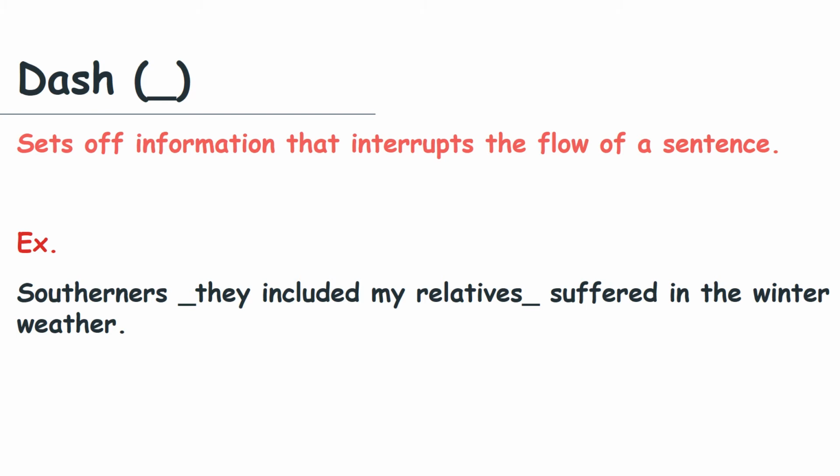As you can see, "they included my relatives" is an extra. I can get rid of this. I can say Southerners suffered in the winter weather. I didn't need to use "they included my relatives." So since here it interrupts the sentence flow, we needed to use the dashes.